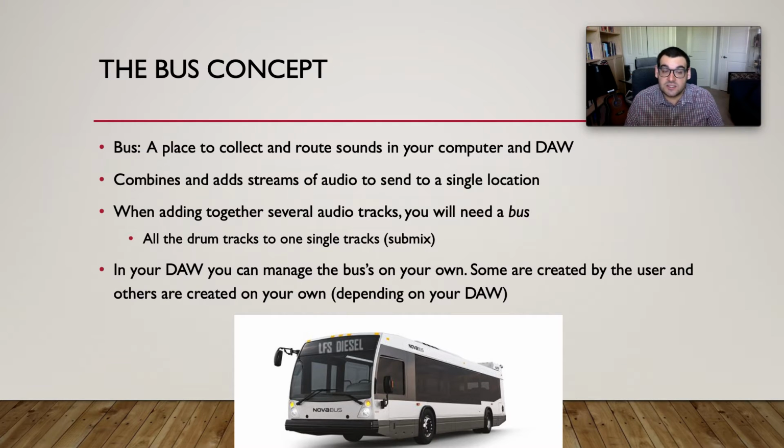And we call these sub-mixes, which we'll talk about next week. So for example, you may have different sounds of your drum kit. When you set up the microphones for your drum kit, you're going to have one on your snare drum, on your hi-hat, on the bass drum, on maybe the large tom, as well as two overhead microphones picking up the ambient sounds.